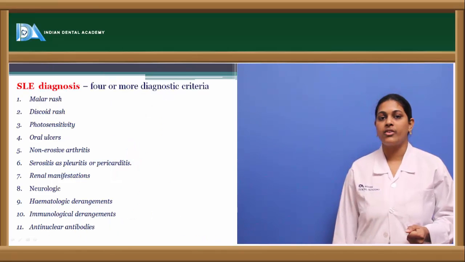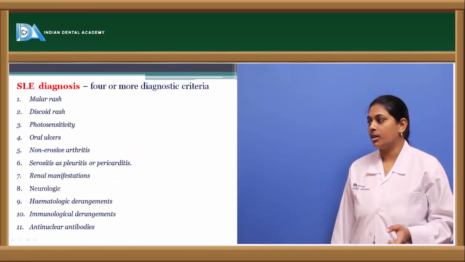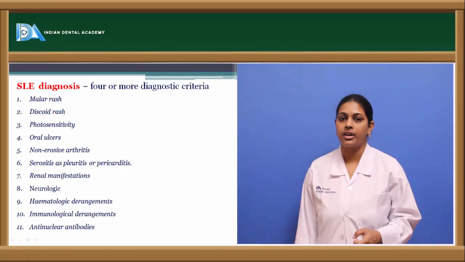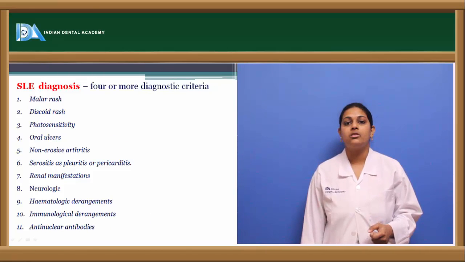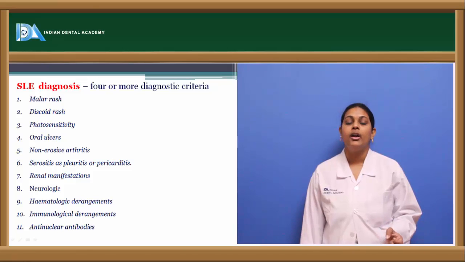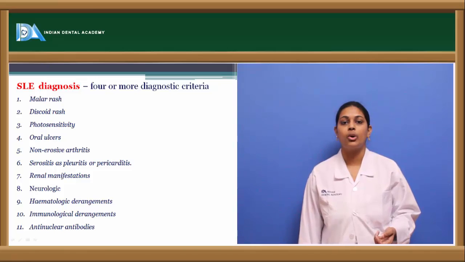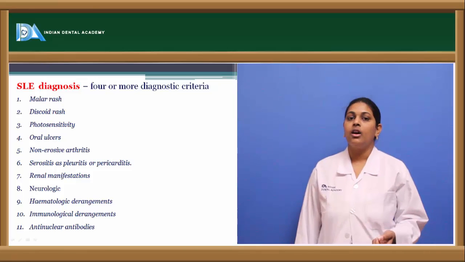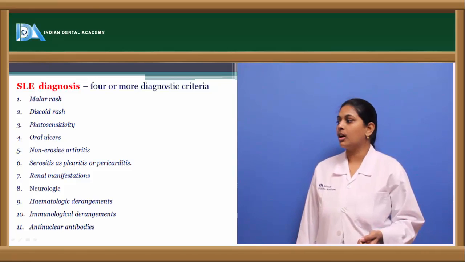Coming to the diagnosis of SLE, a particular diagnostic criterion has been given, that is, the presence of 4 or more clinical signs of the following symptoms. Based on these only, the patient should be diagnosed as a systemic lupus erythematosus patient.